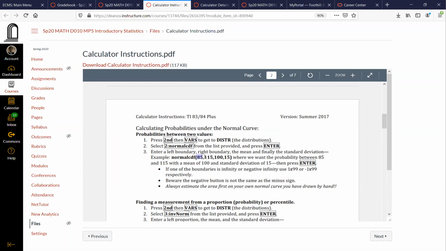For example, here our mean is 100 and the standard deviation is 15. It gives you the area between these two numbers, 85, for example, and 115.